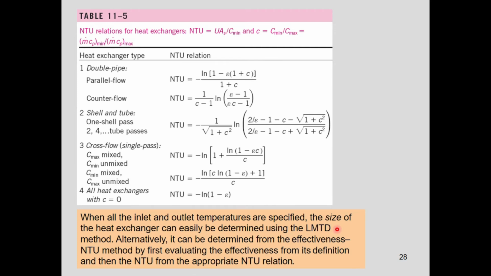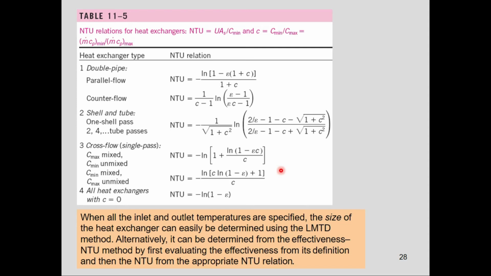You just have to determine the size, which is the surface area As, by using the LMTD method. Alternatively, the size can be determined from the effectiveness NTU method, first by evaluating the effectiveness from its definition, and then the NTU from the appropriate NTU relation, right.